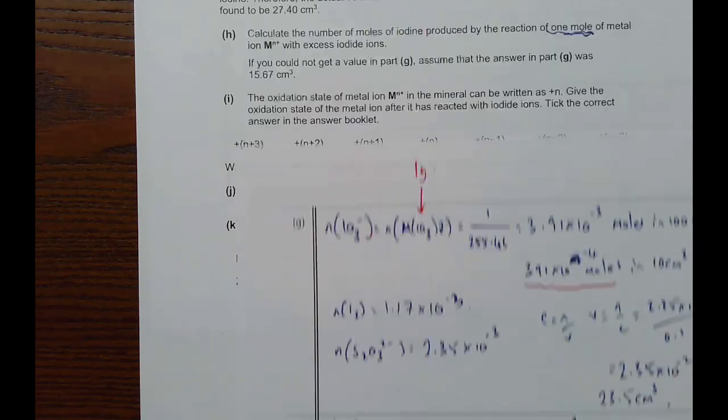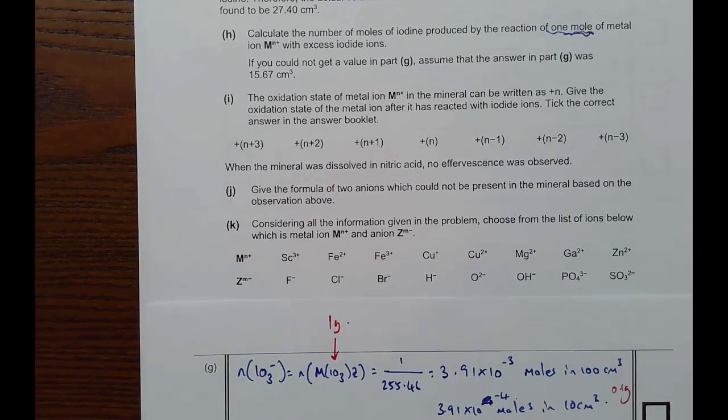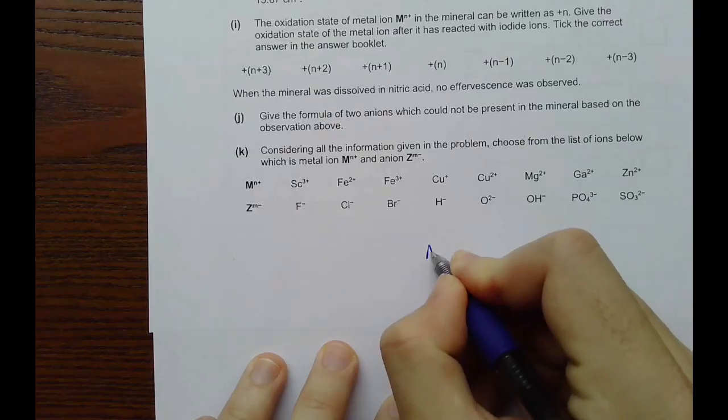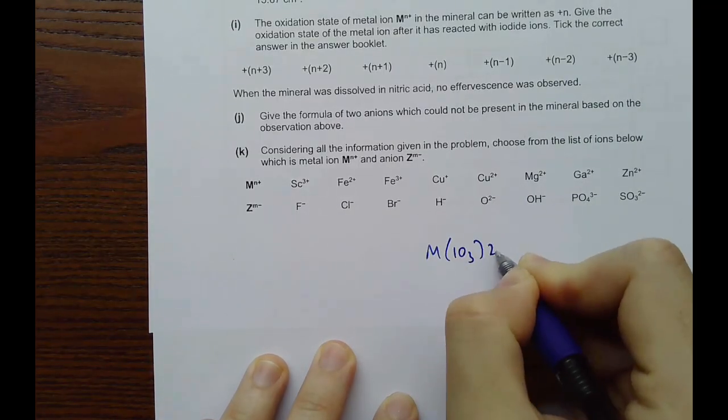So then the final part of the question is, considering all the information in the problem, choose from the list of ions below which is metal ion M+ and anion Zm-. So a little bit of detective work. We know that our formula is MIO3Z.